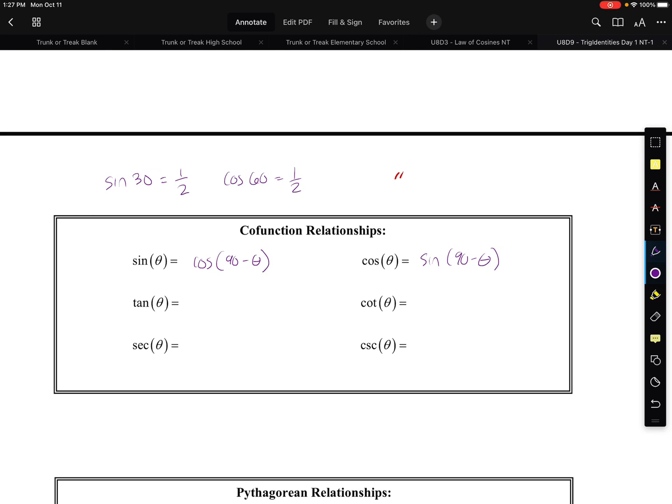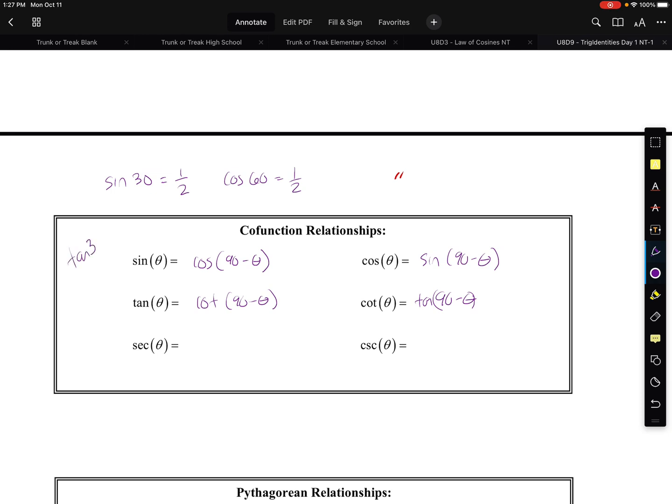If we look at tan, tan works with itself, because tan doesn't have the flip-floppiness of the unit circle like we have with cos and sine. So tan would be cotan of 90 minus theta, while cotan would be tan of 90 minus theta.